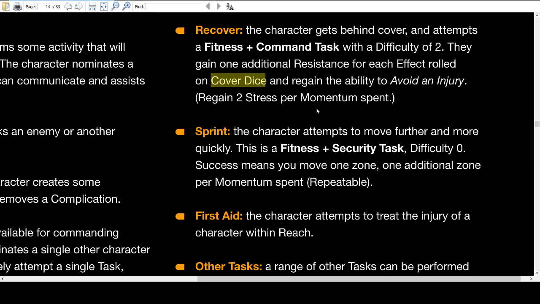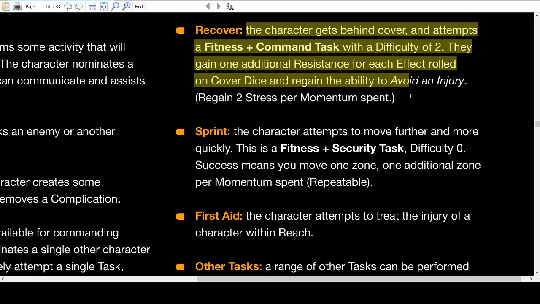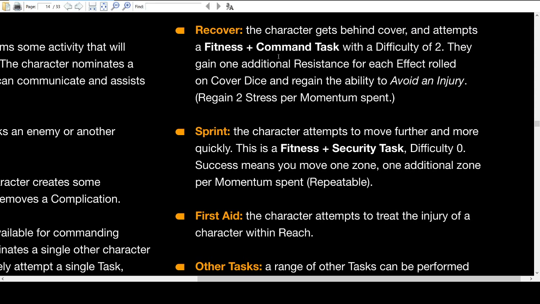I'm guessing this is going to be well explained further, especially when it comes to attack, because cover is part of the attacks. And also there's this ability of avoid an injury, which I believe is also covered within the attack section, especially in terms of damage. So at this point right now, recover is potentially a useful action task, but we're just not familiar enough with the concept to understand how it really works.